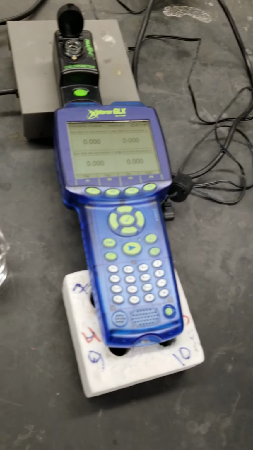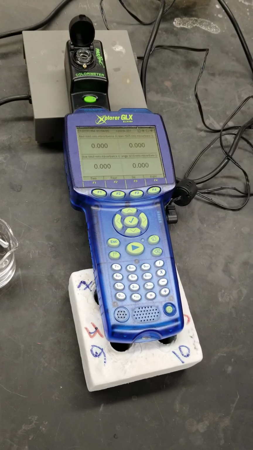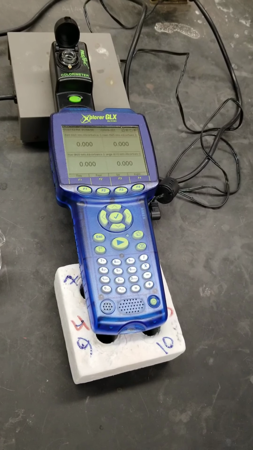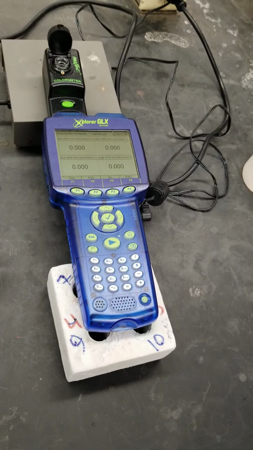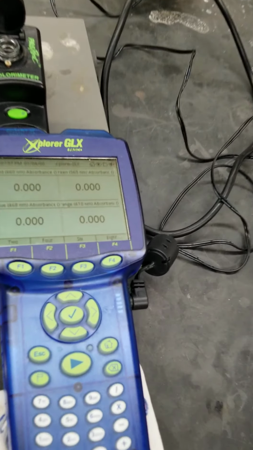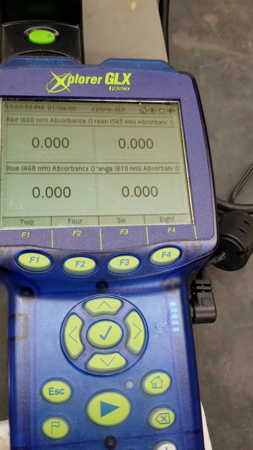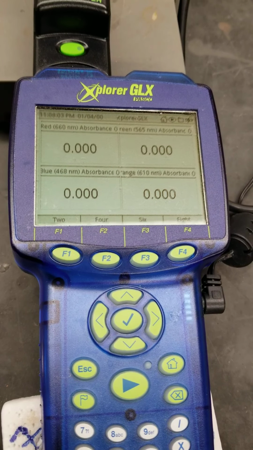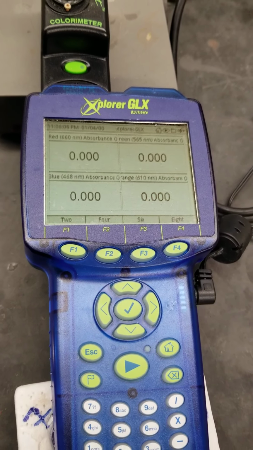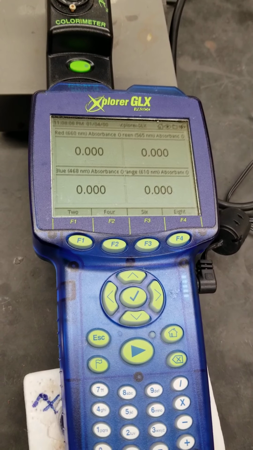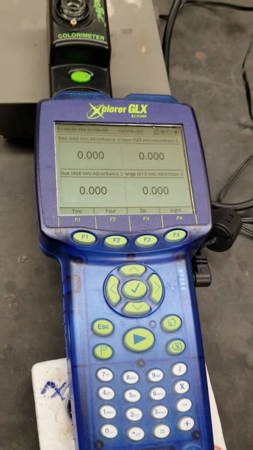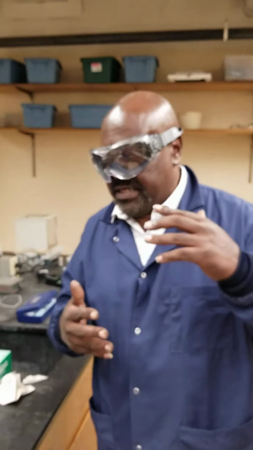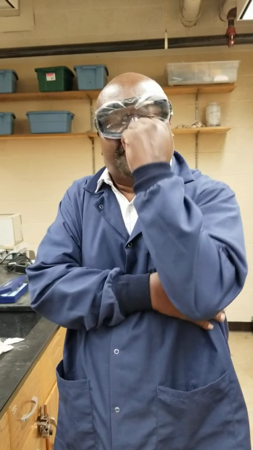It's a simple one. It measures at 4 wavelengths. So the question is, which one do we use? We'll determine which one by looking at the one that gives us the highest absorbance for a given concentration.